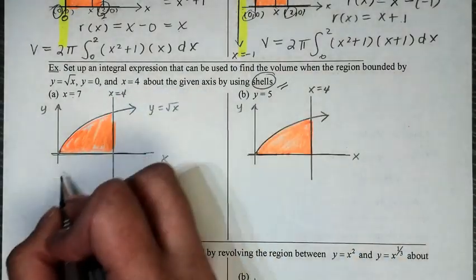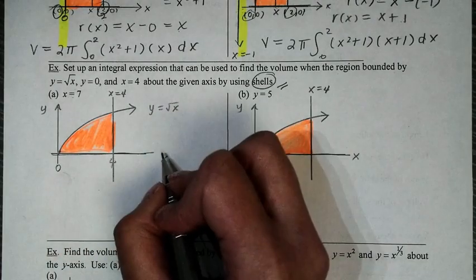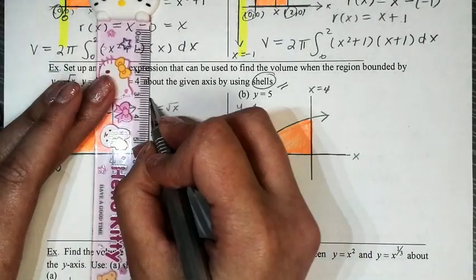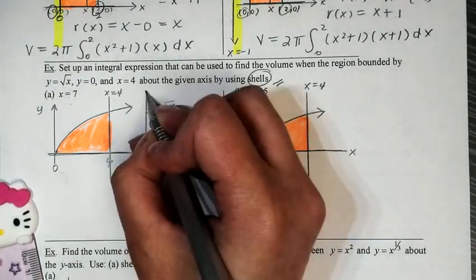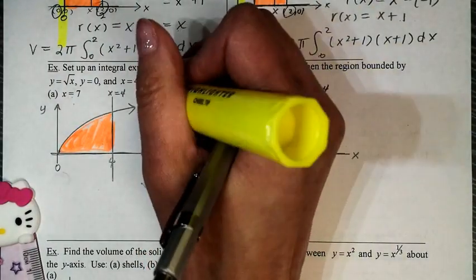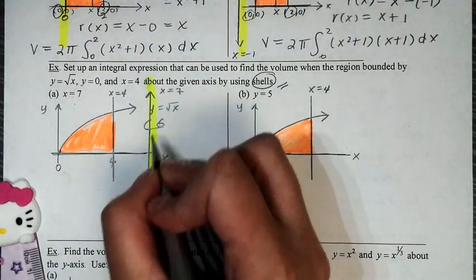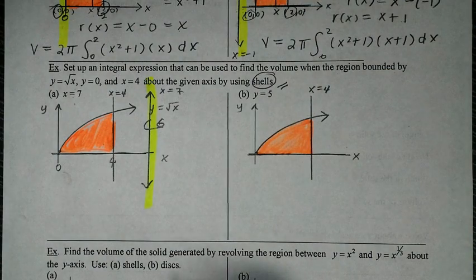So where's 7? Well, this is 0, this is 4, so 7 must be further here, non-proportional to the situation. This is going to be x equals 7. Don't worry, you can see that there's a humongous hole there, so you can see what's going on here. Anyway, that's your axis of rotation.